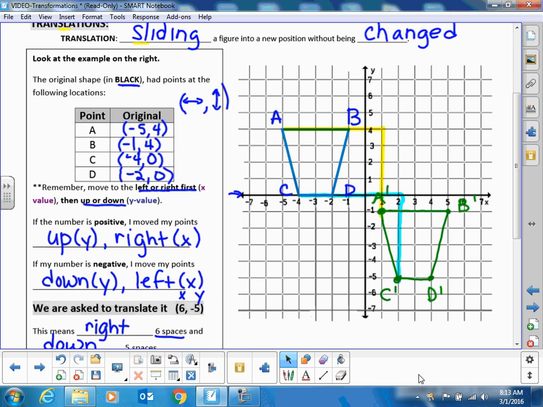We didn't change it, it's still a trapezoid. A is still 4 units from B, C is still 2 units from D, and C is 4 units down from A. So we didn't change the shape in any way, we just slid it to a new location, and that's what a translation is. It's very simple.